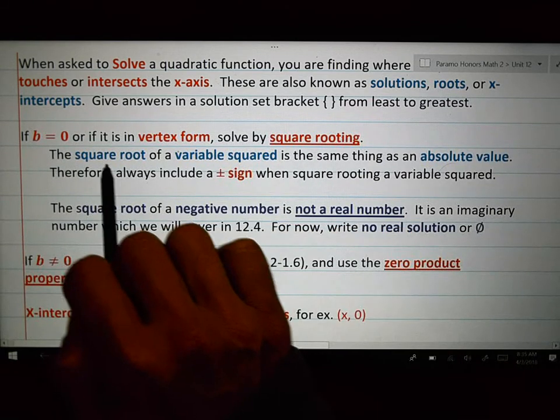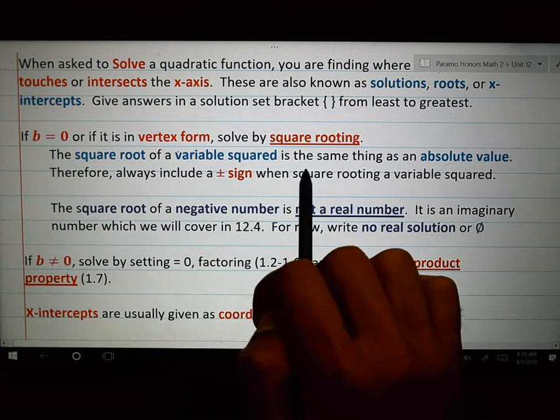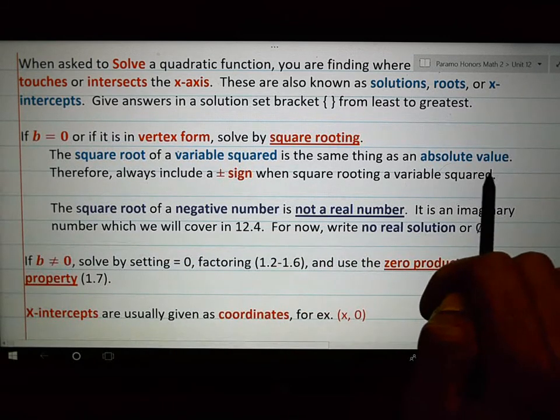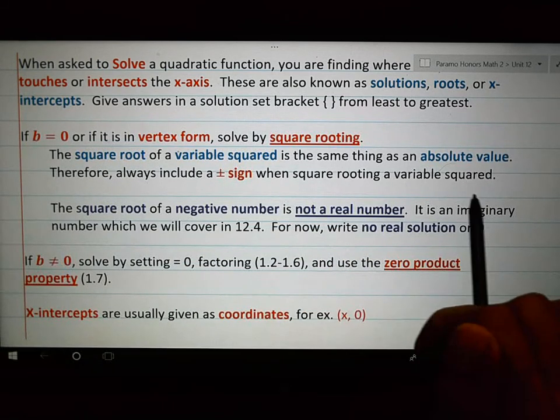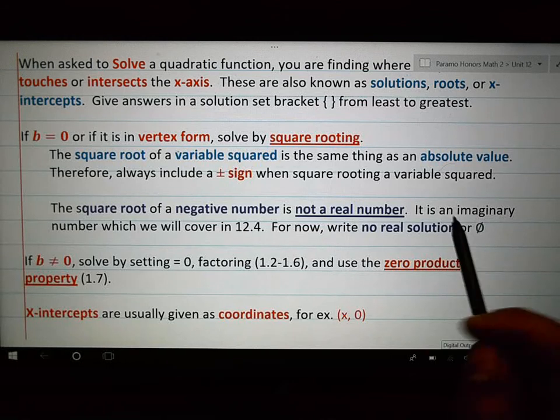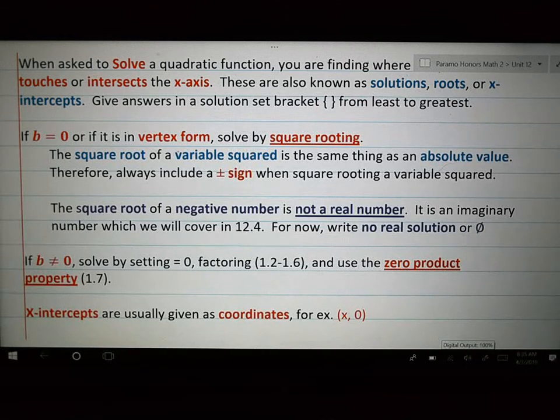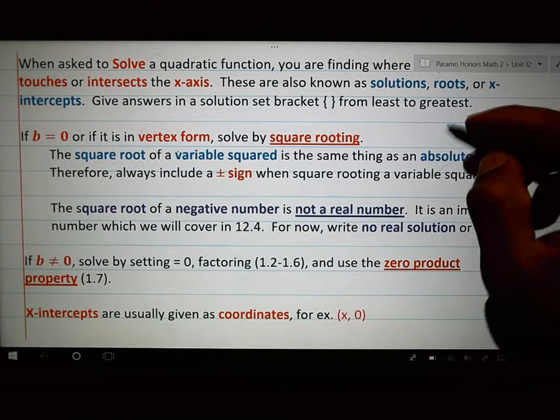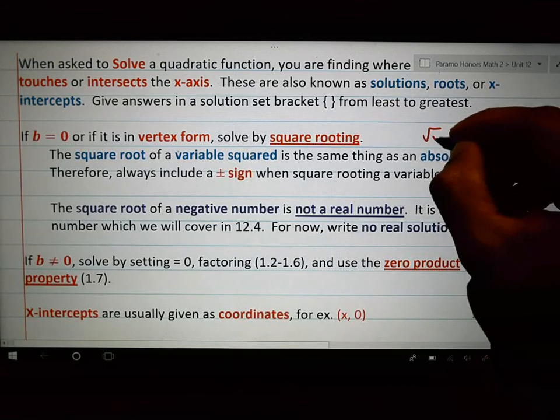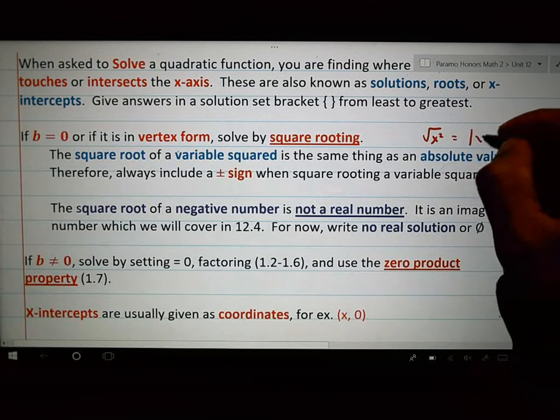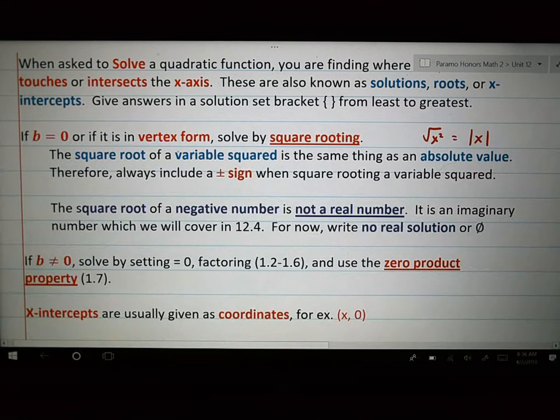And when you square root a variable squared, it is the same thing as an absolute value. Mrs. Jarvin is the one who really pounded this into my head. When we teach it, we have to make sure we're letting them know that this is the same thing as this.